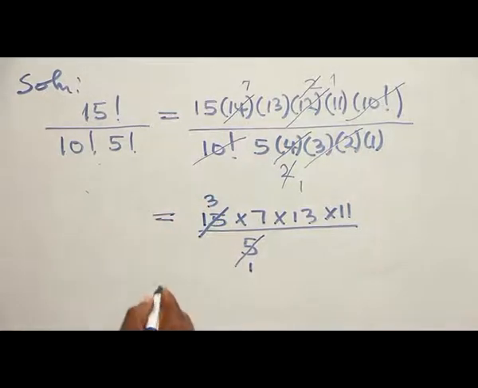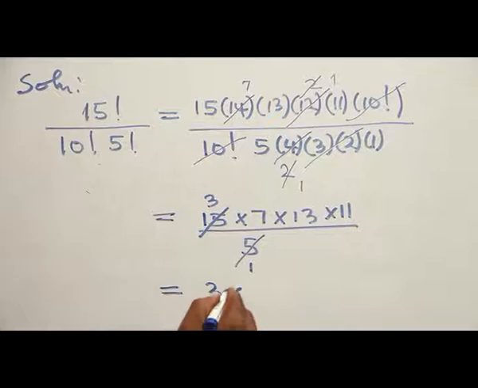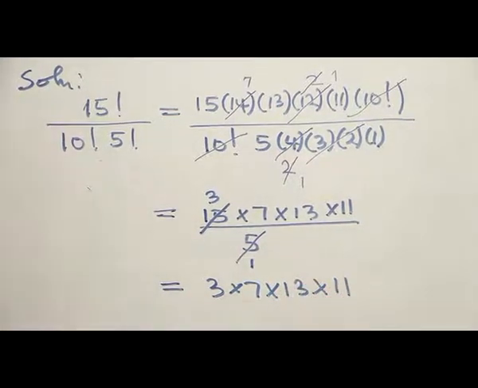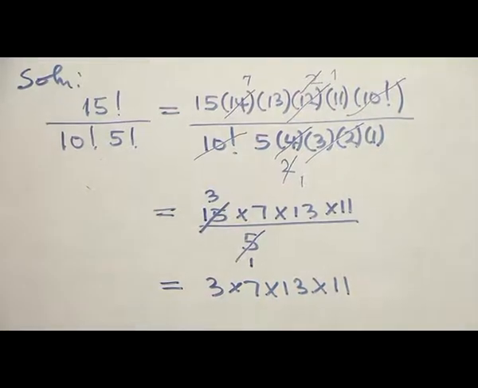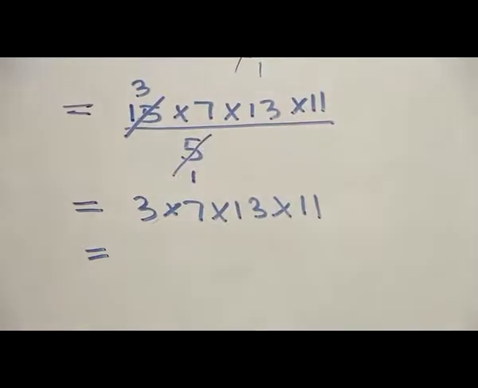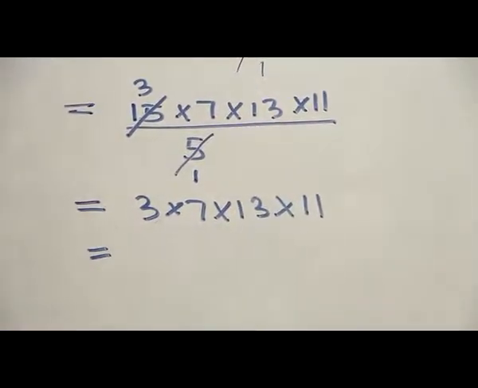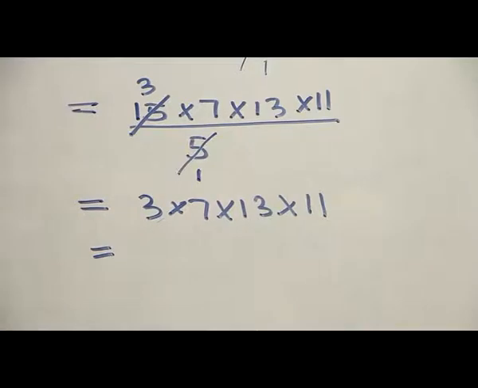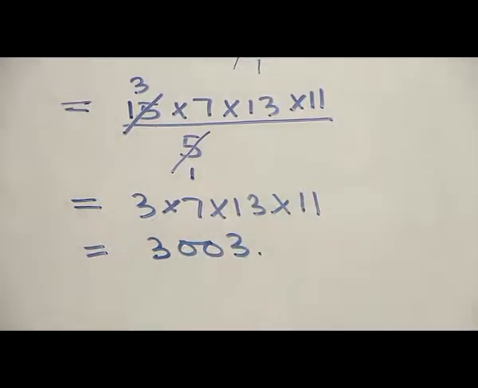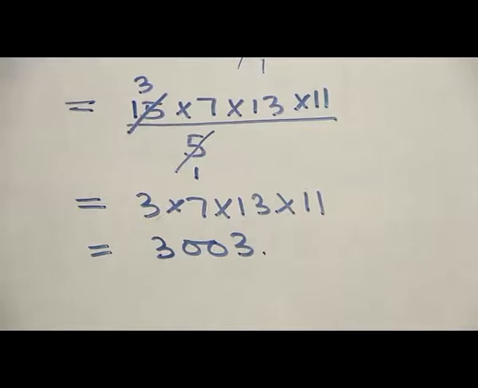So we can then multiply out to have 3 times 7 times 13 times 11. By calculator, 3 times 7 times 13 times 11 is equal to 3003. So you will have solved the problem also with the aid of the calculator.